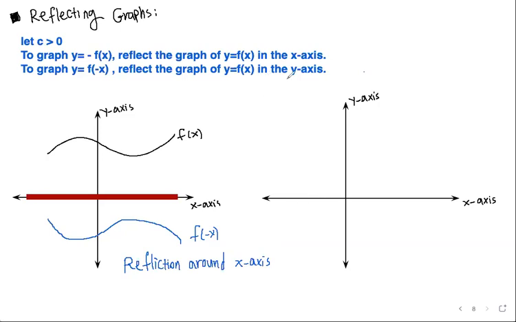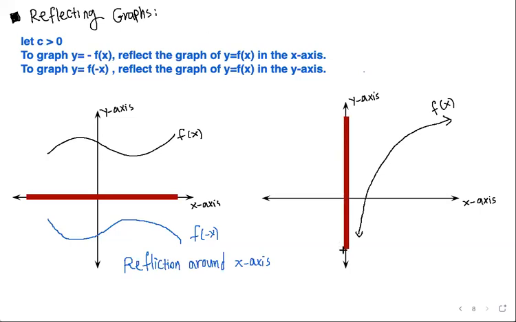Now for the reflection around the y-axis, suppose my function looks like this. This is my function, f of x. And the question is to graph the function y equals f of minus x. So again, my mirror is the y-axis.